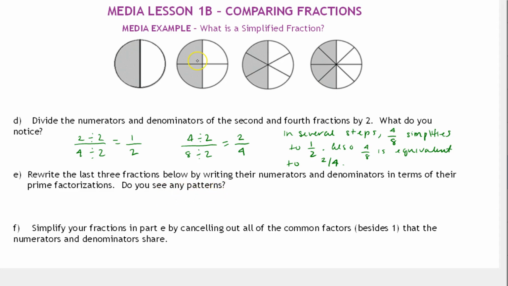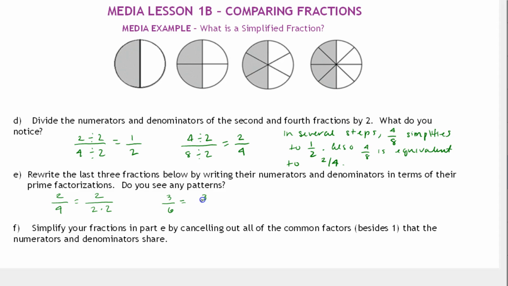Okay, so we had 2/4. Now, 2 is a prime number, so its prime factorization is just 2, and 4 is 2 times 2. The next one was 3/6.